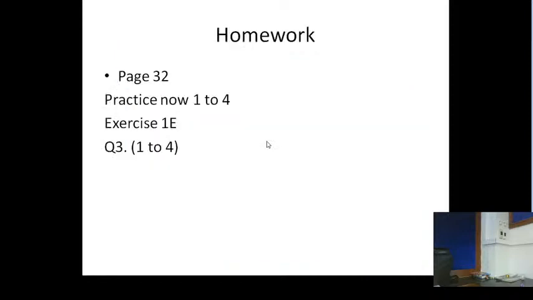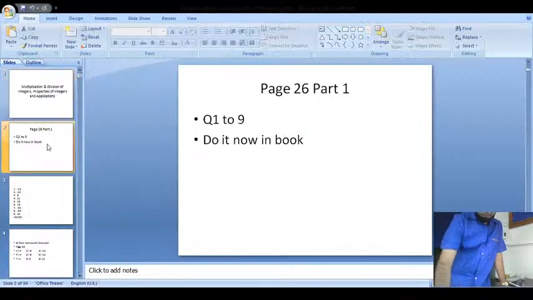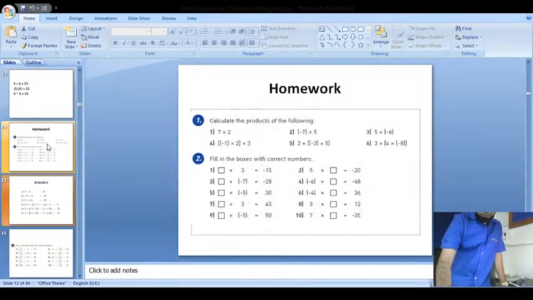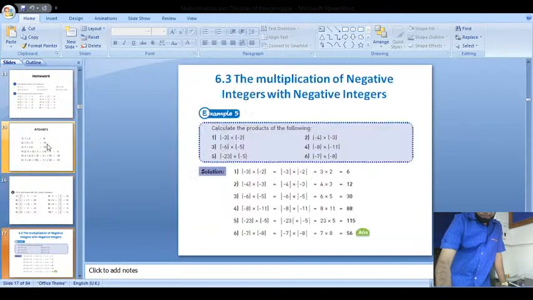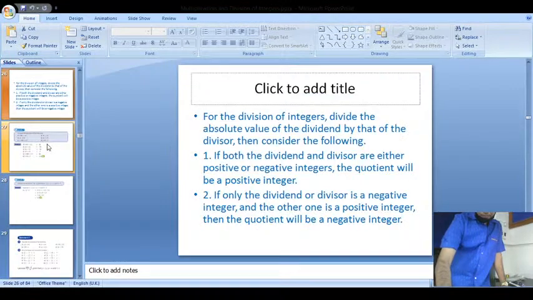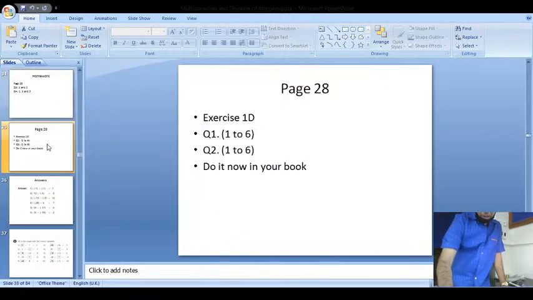Okay. So this is not your homework. You have to do it now. Page number 32. Practice now 1 to 4, and question number 3, 1 to 4. Do it now, please. I will just change it here. Page number 32. Wait a minute.